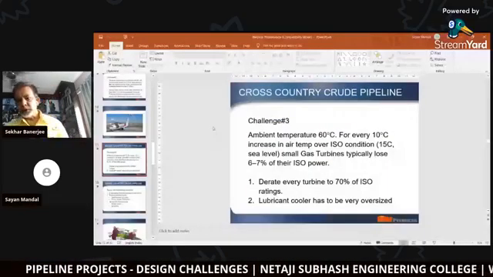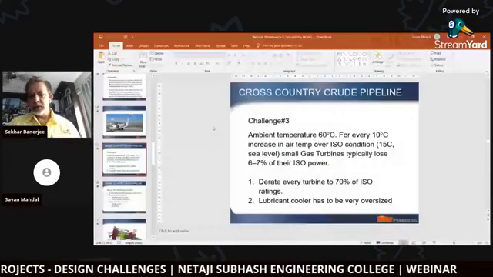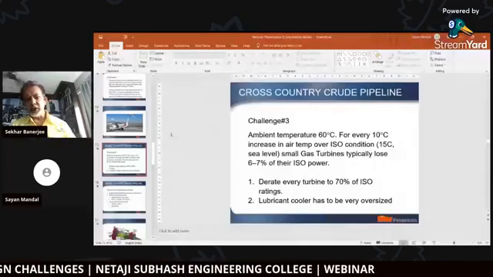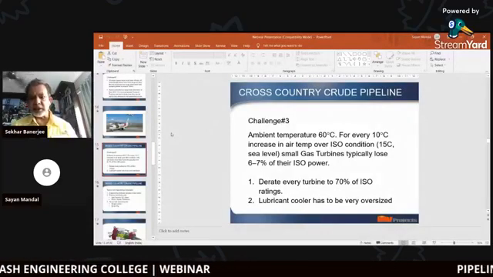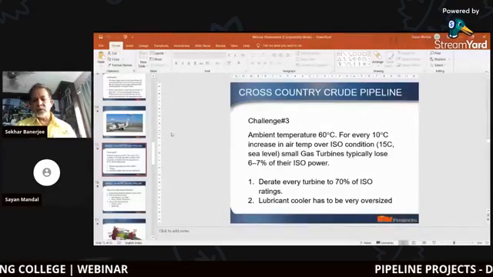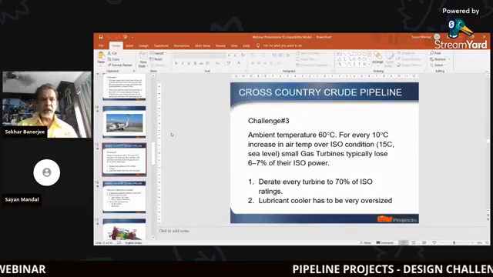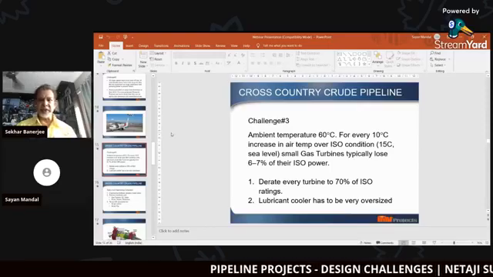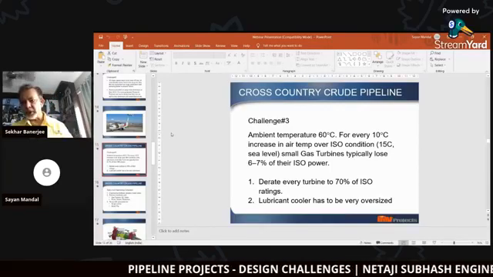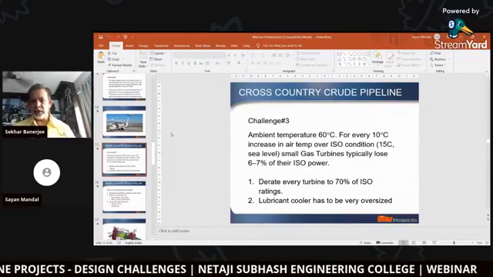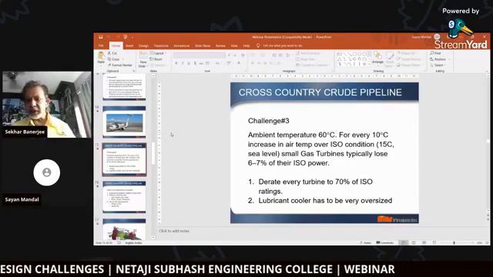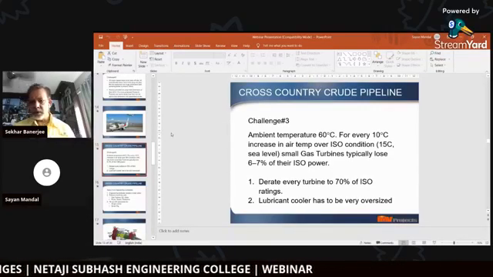The third challenge we had is the ambient temperature in Saudi Arabia, especially in the middle of the desert, which can reach 60 degrees centigrade. Now, gas turbines are made in standard rating, and those ratings are called ISO rating. ISO rating is where the gas turbine is tested at 15 degrees centigrade and sea level.